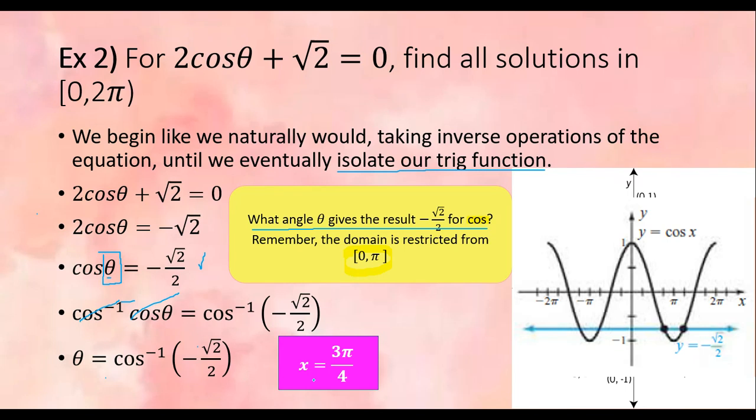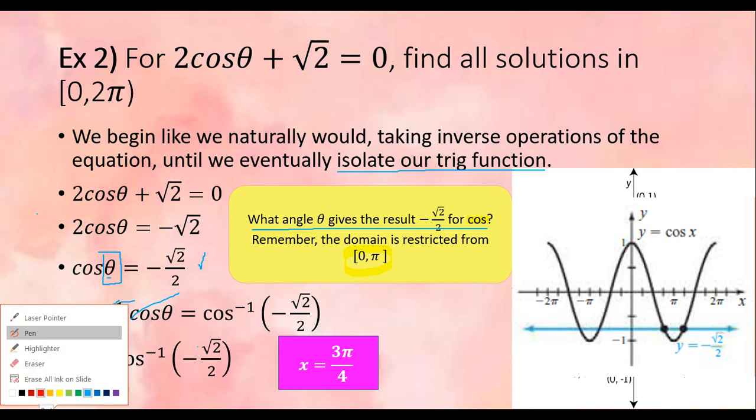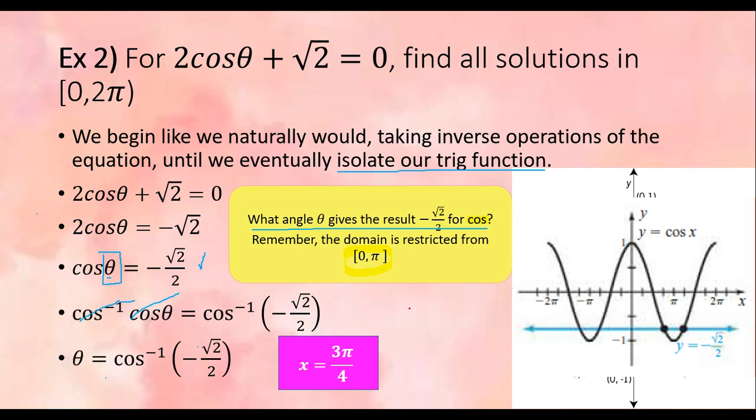And I'm saying that in the interval from 0 to 2 pi, my graph intersects right here and right here. Now, I know it looks like there's two intersection points, but actually one of them is extraneous.